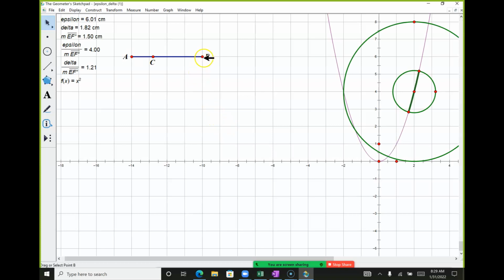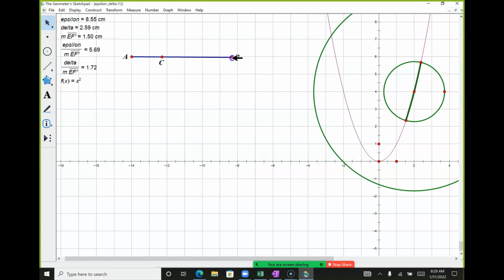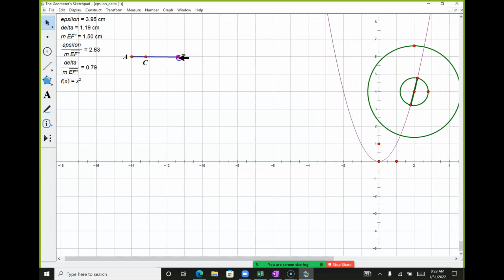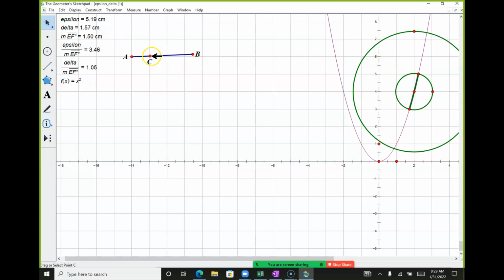So you can see here I've got a function. This particular function is x squared. I'm going to change it to our function. But you can see that AB is the radius of my overall target, and AC is the radius of my bullseye.